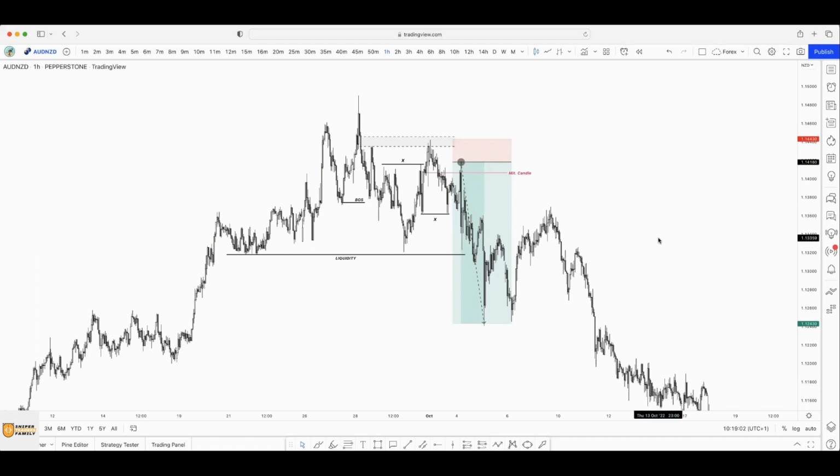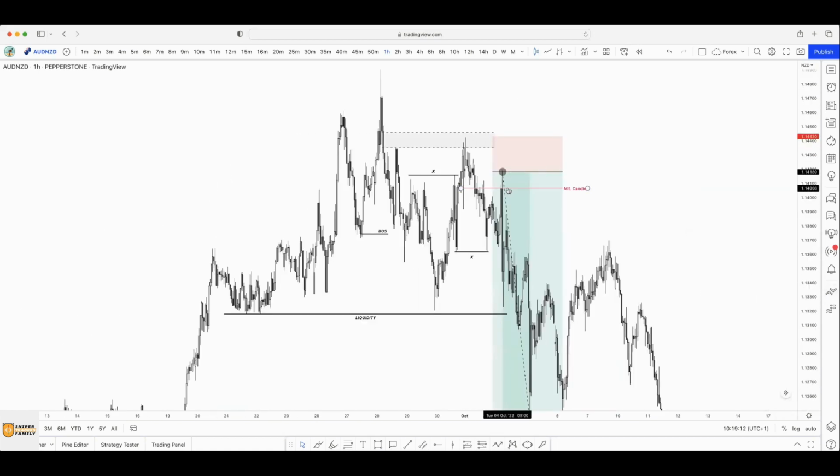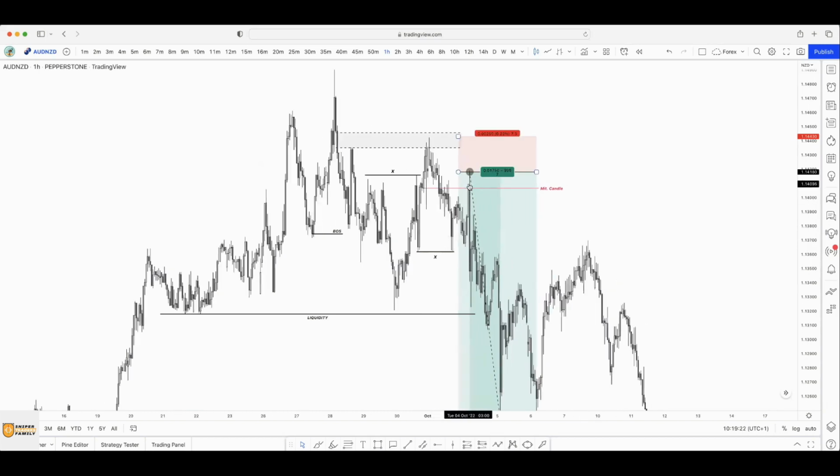Anything like 31 pips, 32 pips, I just wait for price to get there and then wait for distribution to take place. You understand? So for this trade idea, there was no limit order. All I wanted to see was price go back up and give me evidence that it wants to go down.